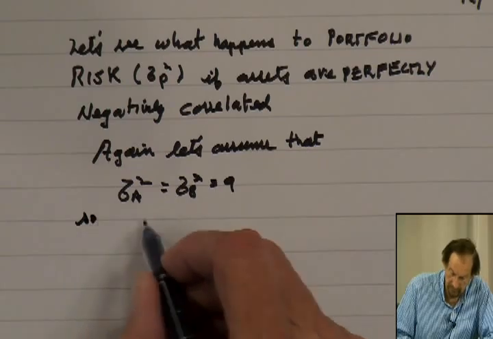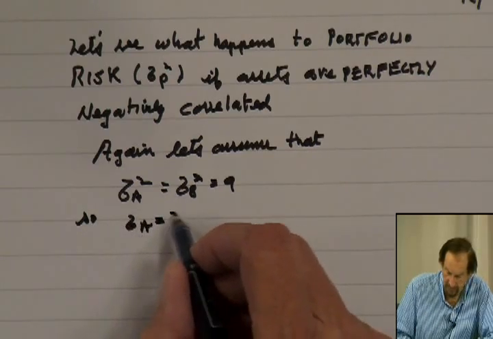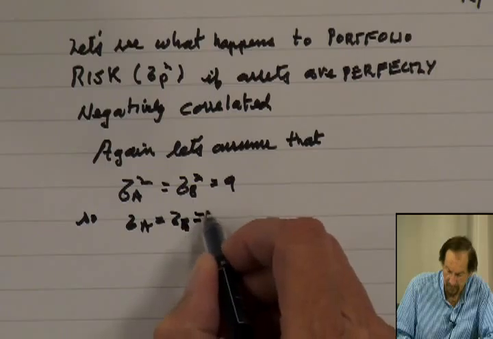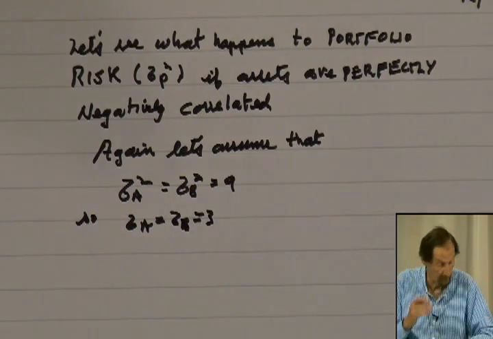So sigma A equals sigma B, the standard deviation, equals 3, just the square root of 9.